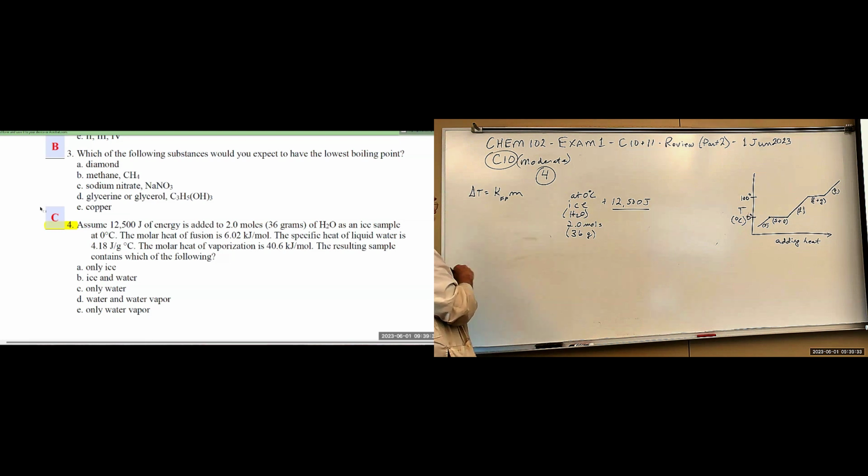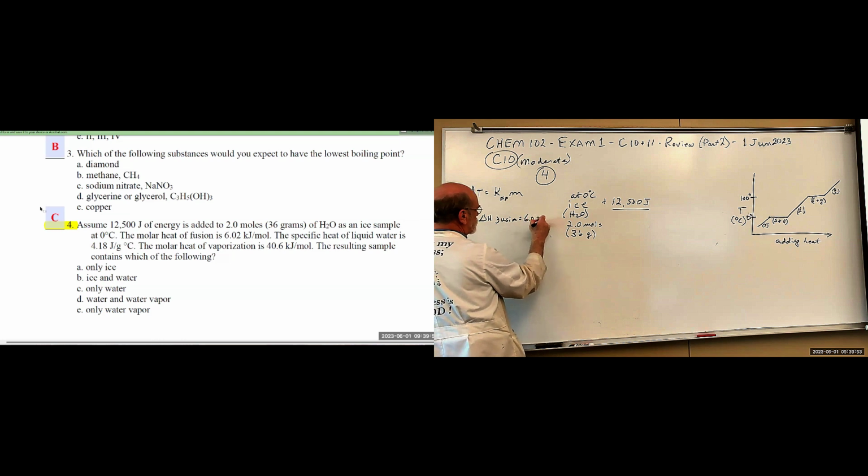Well, you can also, if you have the molar heat of fusion, in this case 6.02 kilojoules per mole, molar heat of fusion equals 6.02 kilojoules per mole, right?